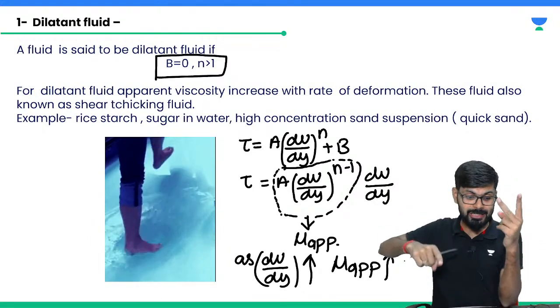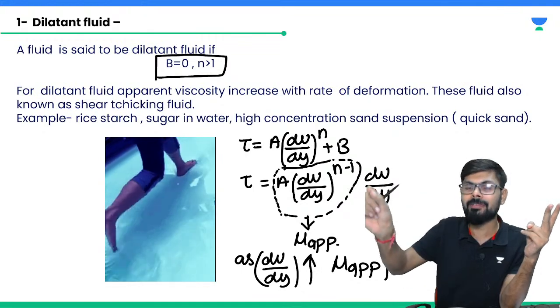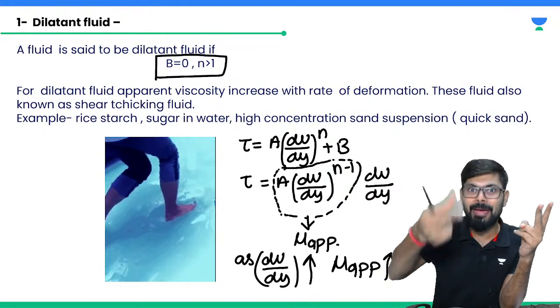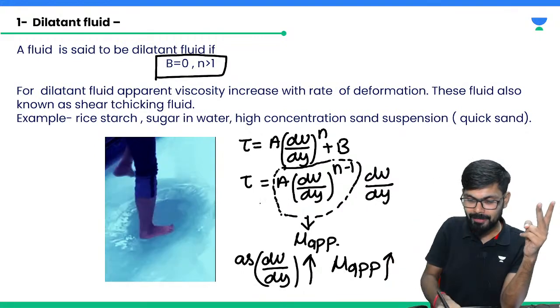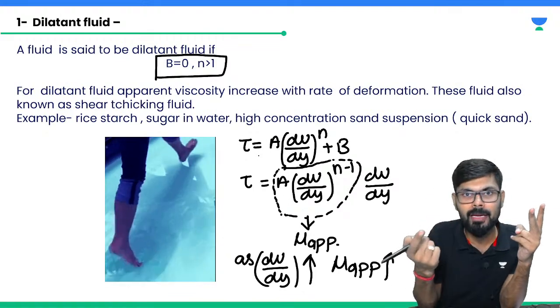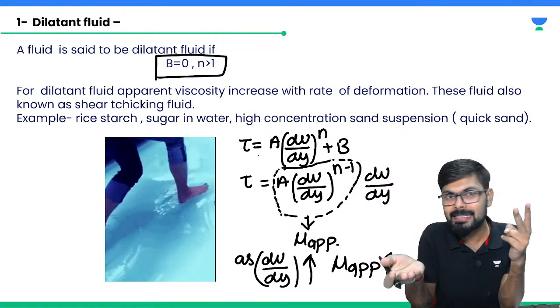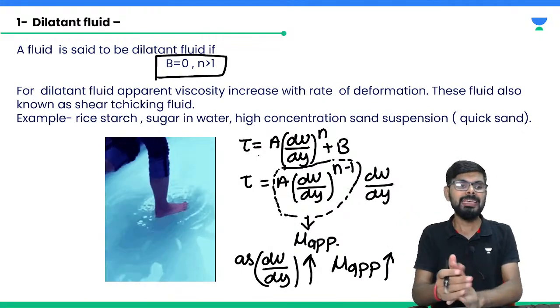But in case of dilatant fluid, if I write tau is equal to mu du by dy, here mu will be mu apparent basically, and that mu apparent is not constant, it depends upon du by dy. So as you increase du by dy, the mu apparent value will also increase.